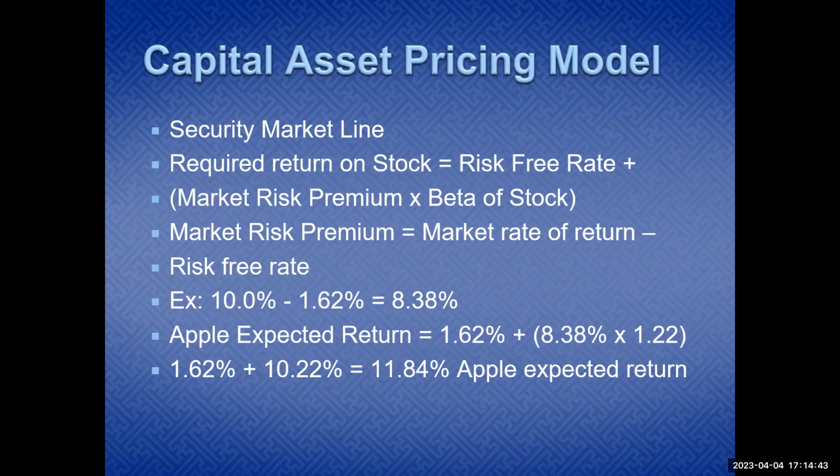And in this particular case, Apple, as you can see, is a little bit riskier than the S&P 500, 1.22. You do the arithmetic and you find that Apple's expected return as of the market indicators today is 11.84%. That's the risk in the market in this calculation for Apple Computer.